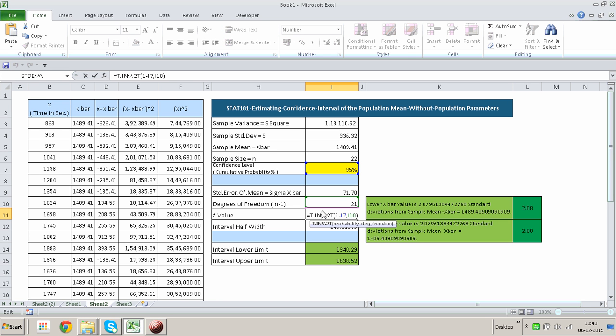So on the edges of the distribution, or on the tails of the distribution, there are more values than there are values around the mean of the distribution. So that is one basic difference that we need to understand. And thus we've gone ahead and calculated the t value. There's a separate formula for this, than the z value. And then we go ahead and calculate the interval half width. And we get the interval lower limit and the interval upper limit.